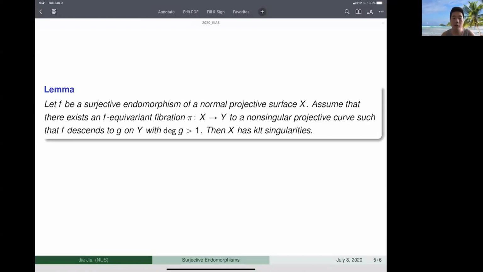F is a surjective endomorphism of a projective surface X, and we have an F-equivariant fibration from X to this Y, such that the degree of G is greater than 1. Then this X has a KLT singularity.